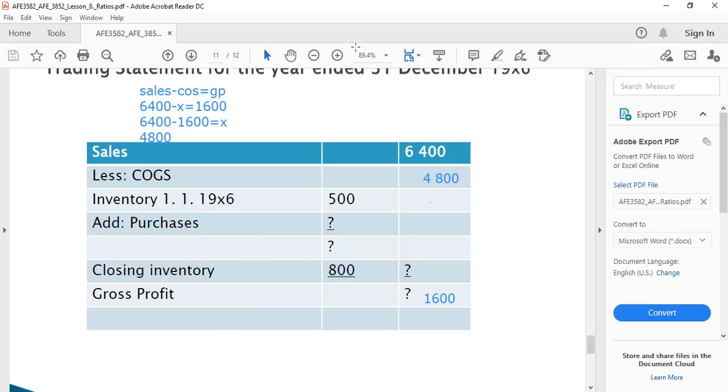Because we know that the formula of calculating cost of sales equals opening stock, you add purchases, you minus closing stock, like that.